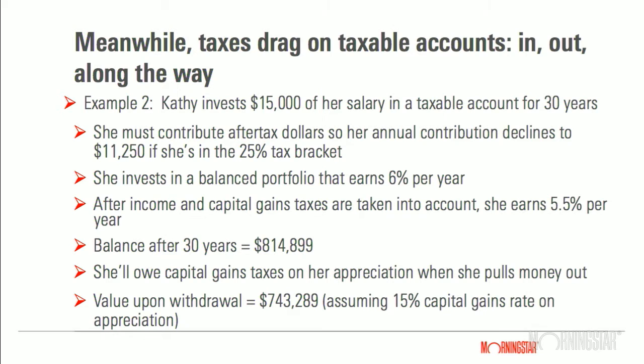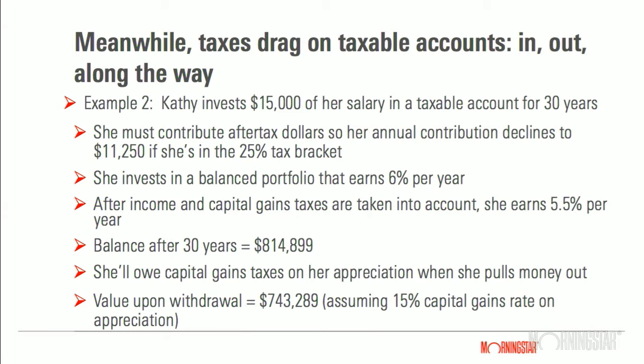So once you factor in maybe a 25% tax bracket, which is what I've used in my example, her $15,000 in salary goes down to $11,250.